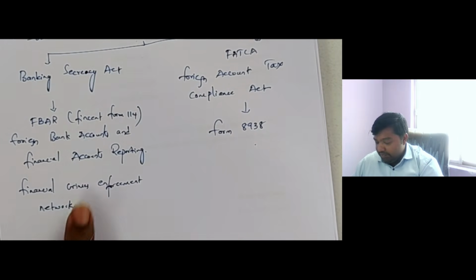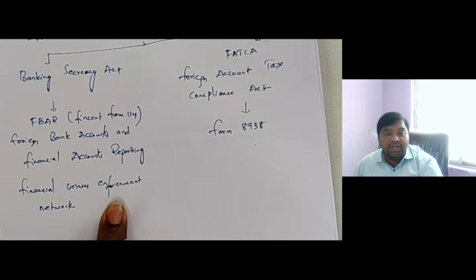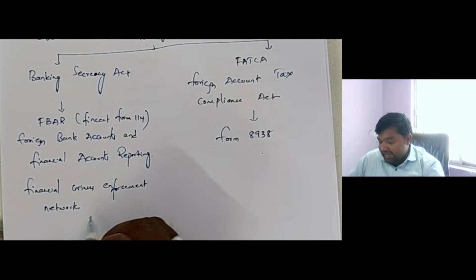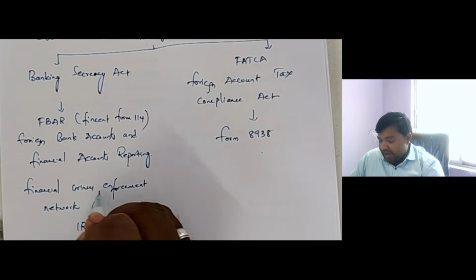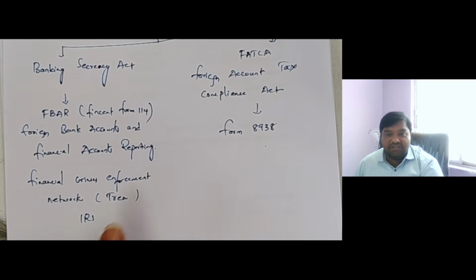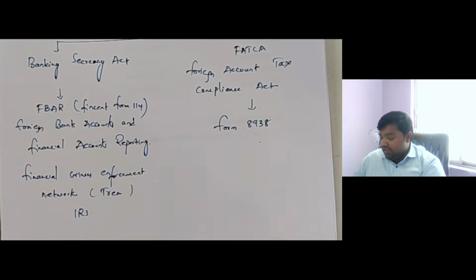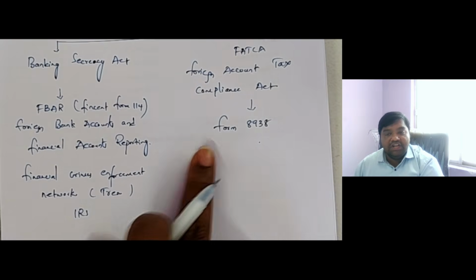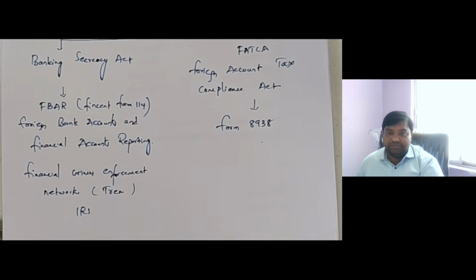This form you will submit to Financial Crimes Enforcement Network, but the administration, penalties, everything will be done by IRS. This is part of your Treasury Department, US Treasury. IRS is also part of US Treasury. This form 8938 is directly submitted to IRS along with your income tax return.